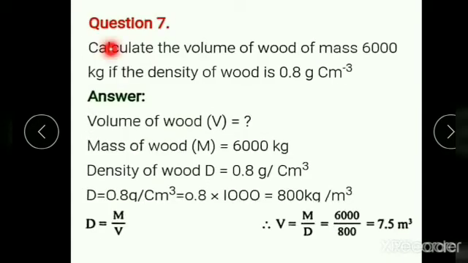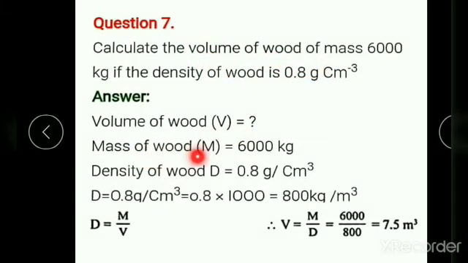Next one, calculate the volume of wood of mass 6000 kg if the density of the wood is 0.8 gram per centimeter cube. So the mass is given and the density is given, and you have to find out the volume. Mass of the wood is 6000 kg, and density of the wood is 0.8 gram per centimeter cube.